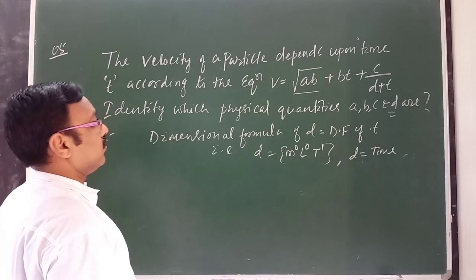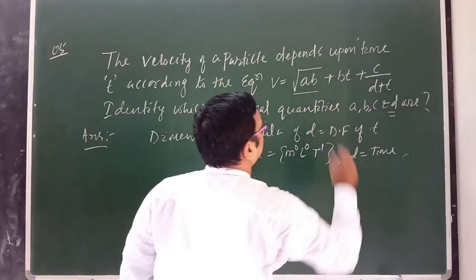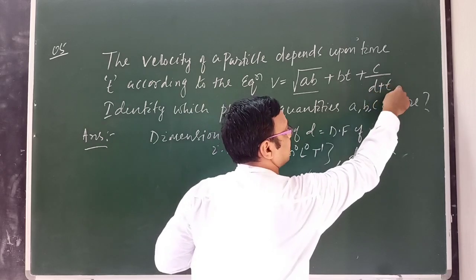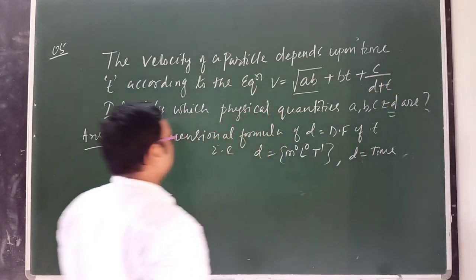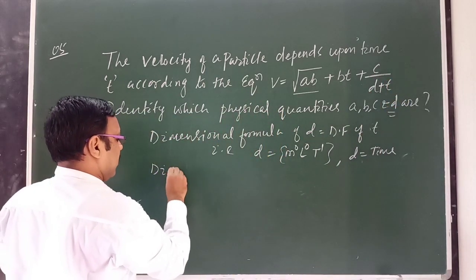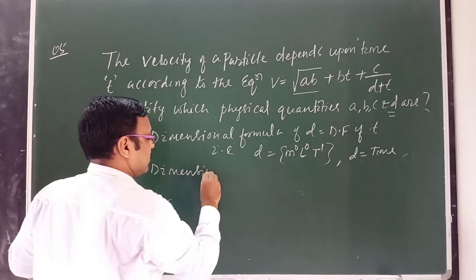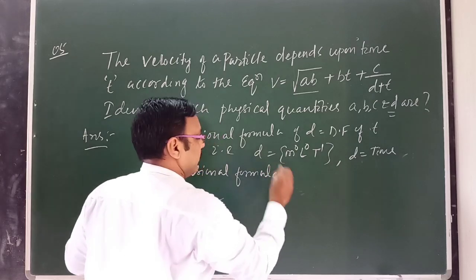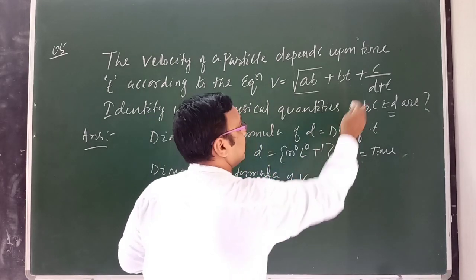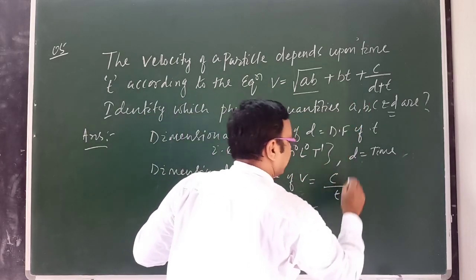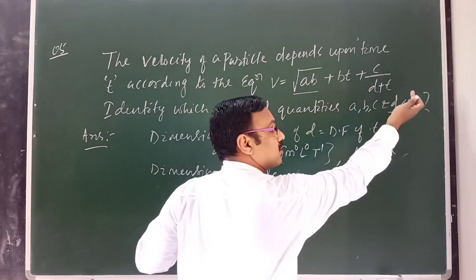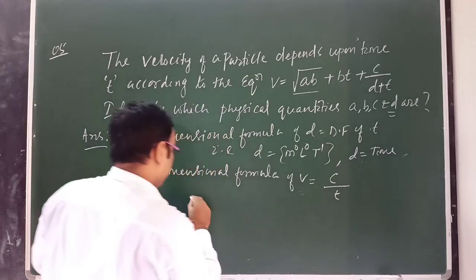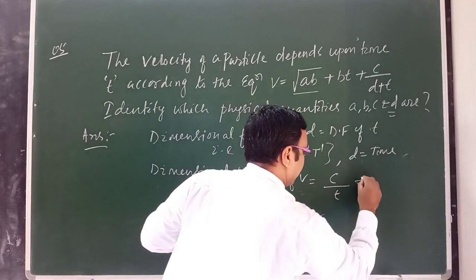Next we will go for finding C. As it is D plus T, time plus time gives you time. So we can write again dimensional formula of V equals C by T, because D plus T is otherwise T. No need to write the dimensional formula two times. Therefore, what will be the formula we get here for C?